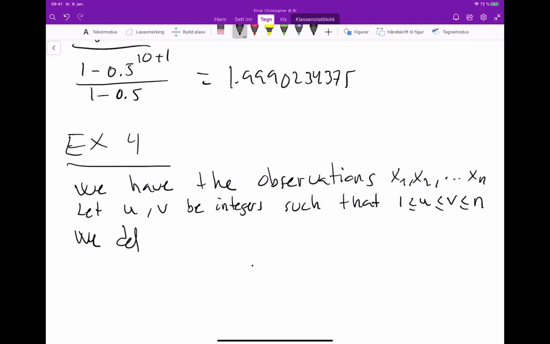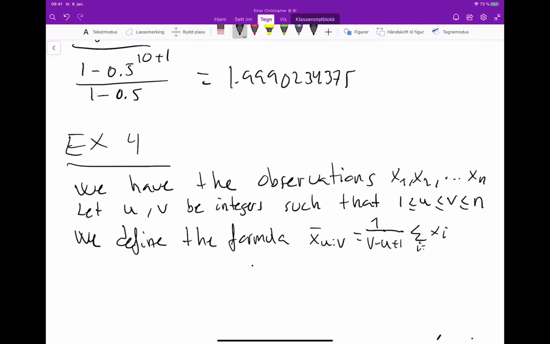we define the formula x bar of the observations from u to v to be equal 1 divided by v minus u plus 1, times the sum of xi, i equal u to v.